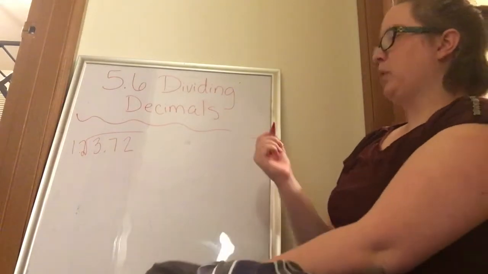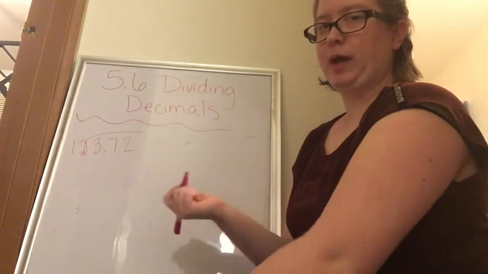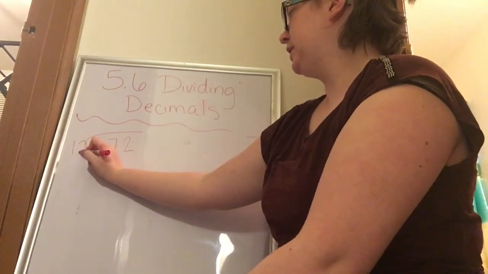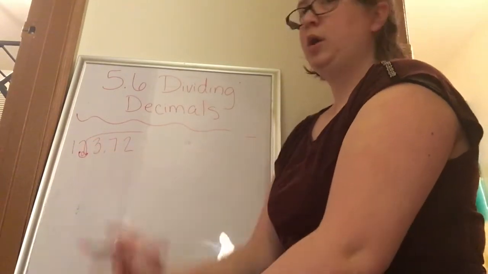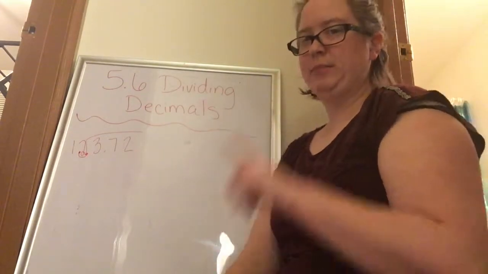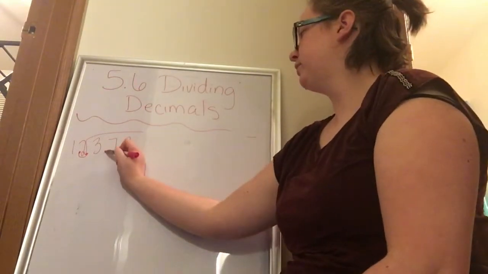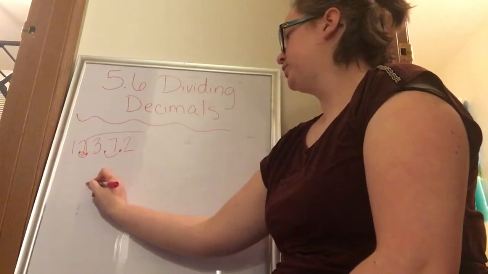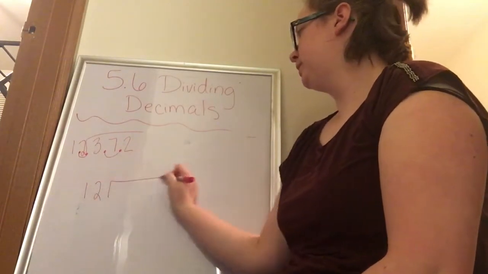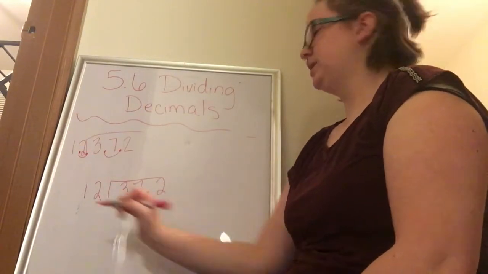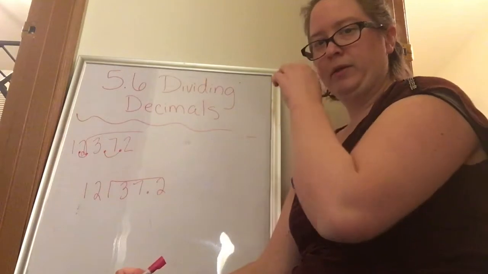So again, we're going to move our decimal point so that we have a whole number in our divisor. So it's here, we're going to move it here. One time. So that means we're going to move it one time in our dividend. So from here to here is one time. So if we rewrite the problem, we now have 37 2 tenths divided by 12.